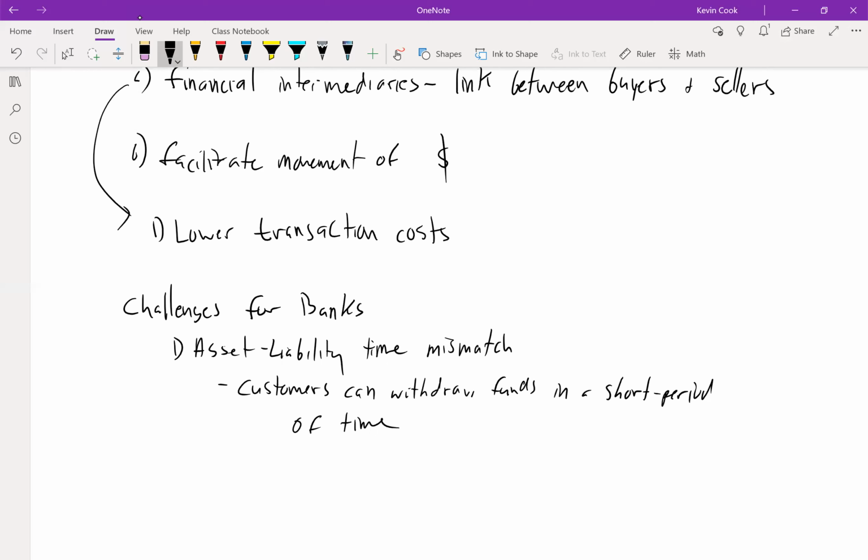So customers can withdraw funds in a short period of time, but our loans can only be recovered in the long term. If I have a loan, the bank can't just come in and say, "Hey, you have to pay."